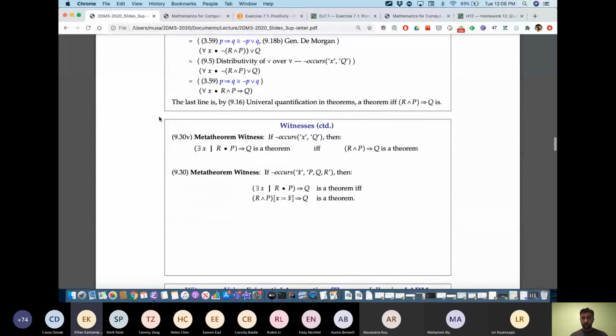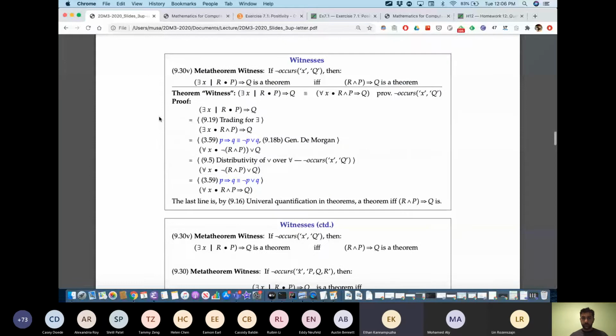Sorry, what is that line doing? The distributivity of or over for all. This line is moving the parentheses. It is taking the distributivity of or. This or Q is coming inside. Do you see it's inside the parentheses?